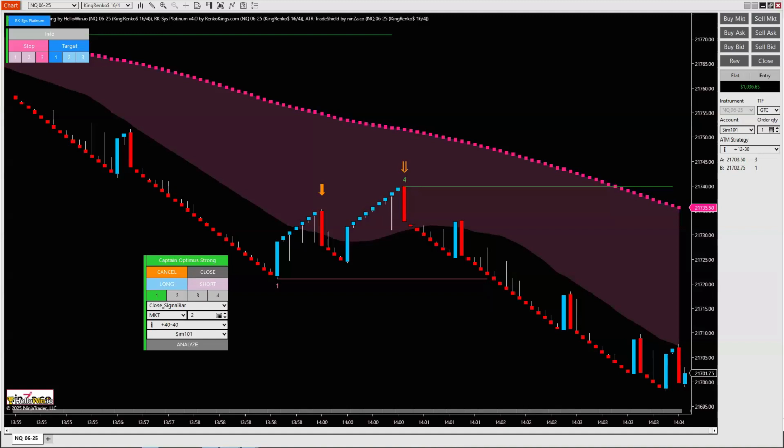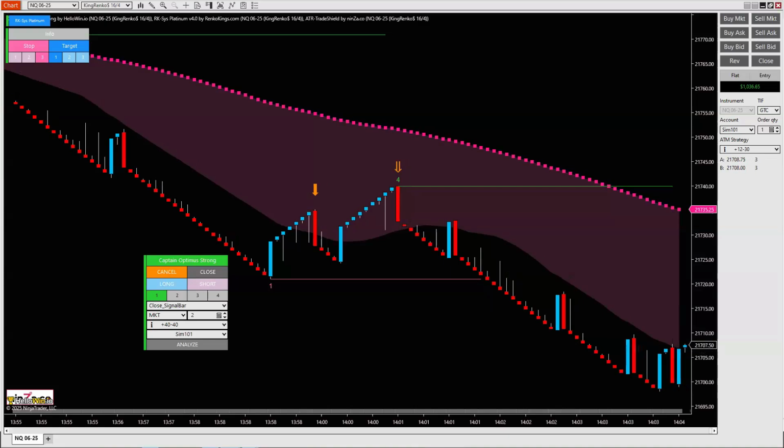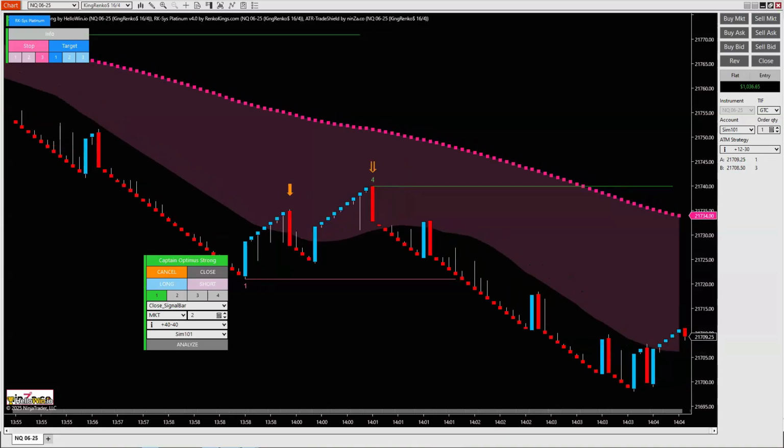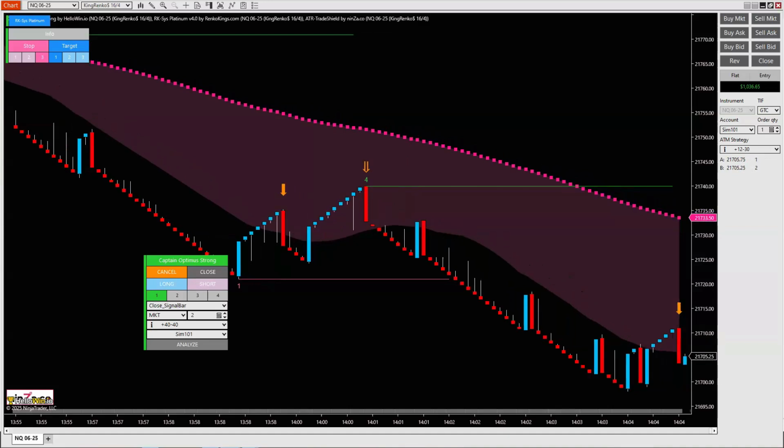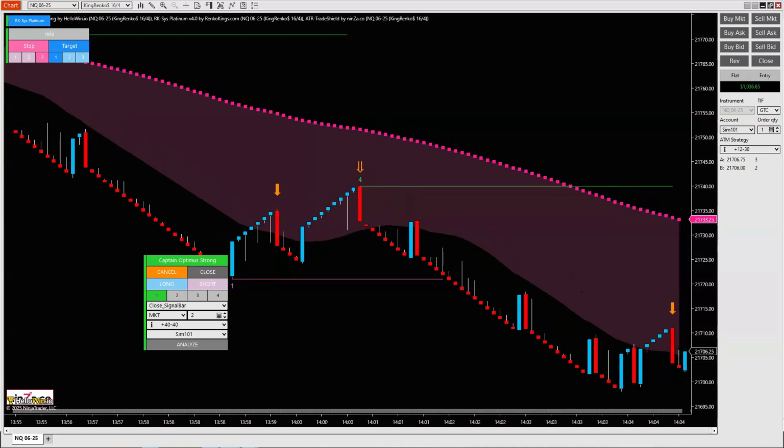Perfect. Okay, so let me describe what we are seeing here. As you might know, depending on how long you've been watching me, one of my favorite Ninza indicator systems is the RK System Platinum. I happen to think it's a pretty amazing creation. It talks to you, of course. I can disable it. I just forgot to do that.